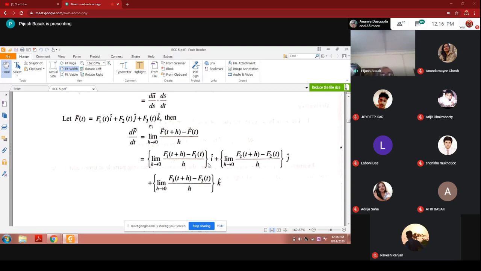So what can I do? It has to be separated like this: f1 for i, f2 for j, and f3 for k. I think everybody is with me. Let us find out the result.